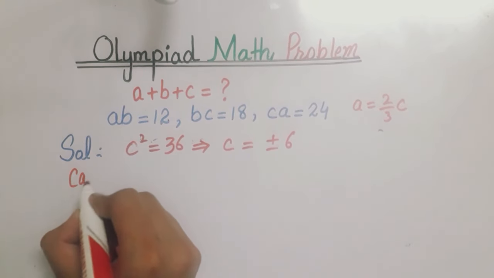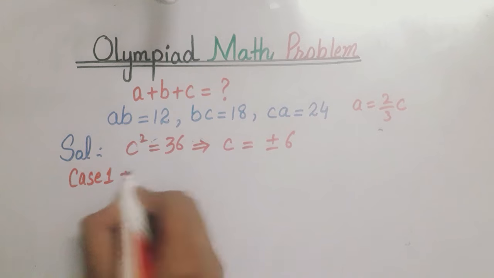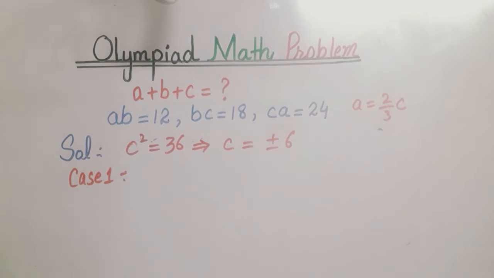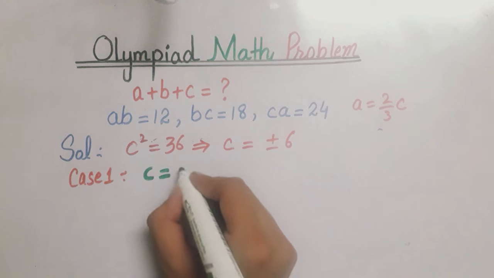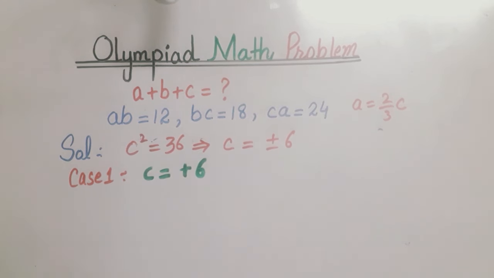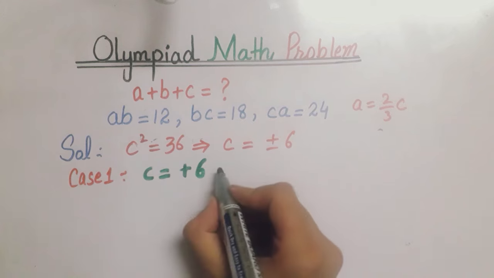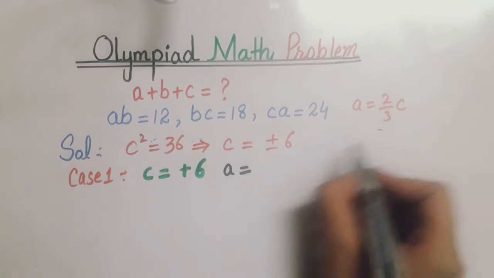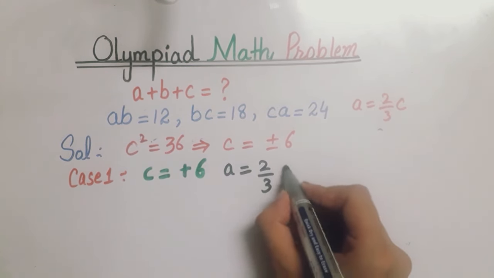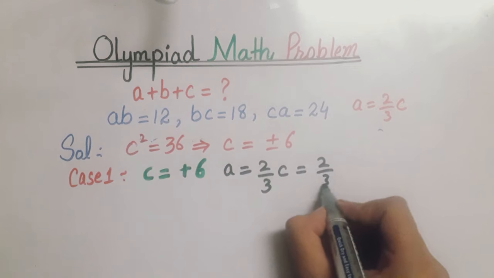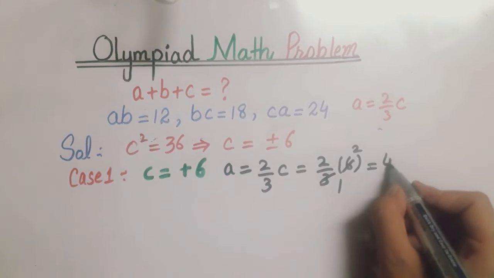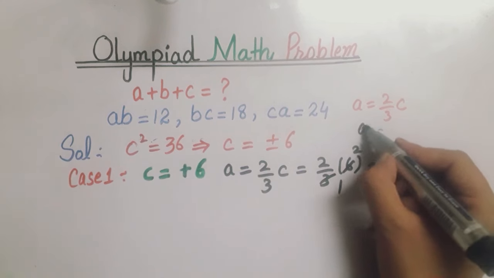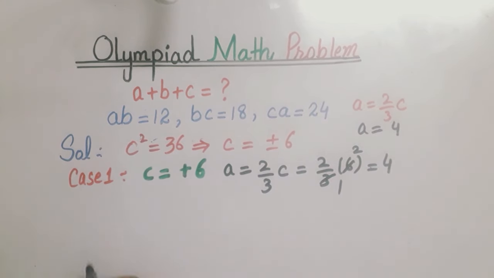Now the first case. This is case 1 in which we have C equals plus 6. When C is plus 6, this implies that A equals 2 by 3 C, which means 2 by 3 into 6. 3 ones are 3, 3 twos are 6. So A will be 4.